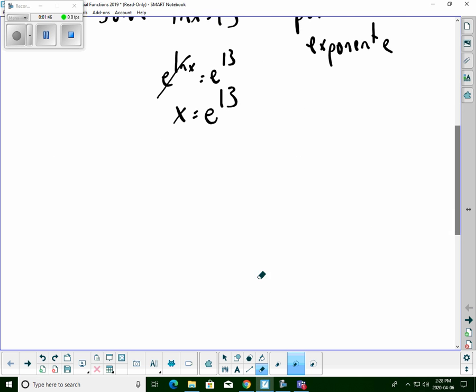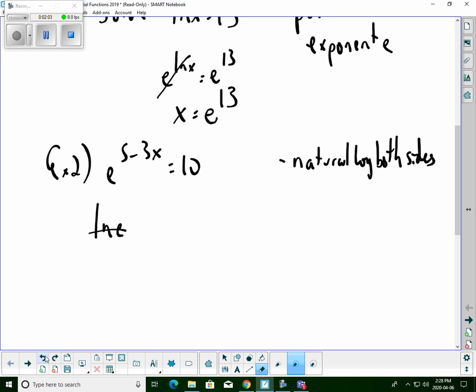Another one. Example 2. Okay, well, now I've got e to the 5 minus 3x equals 10. So I guess what we have to do is introduce what the inverse of e is, which is the natural log. So if we natural log both sides, ln and e are inverses of each other, so they cancel each other out. And what happens to the exponent?